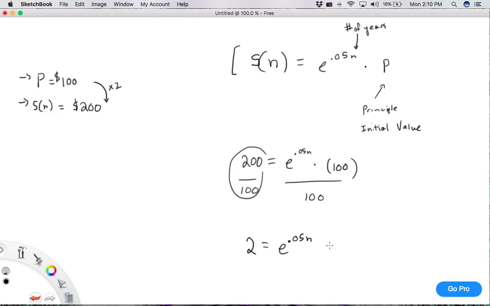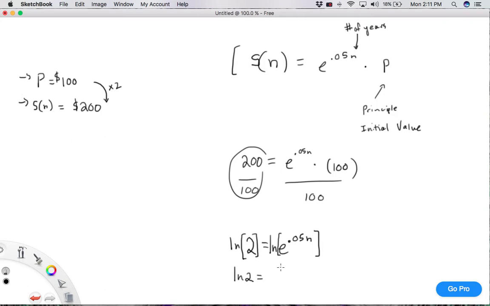So going back to algebra 2, if your variable is in the exponent, what you need to do is log both sides. So we're going to take the natural log of this, and we're going to take the natural log of this. Now, natural log of 2 is some weird decimal, so I'm just going to leave it as natural log of 2 for now.